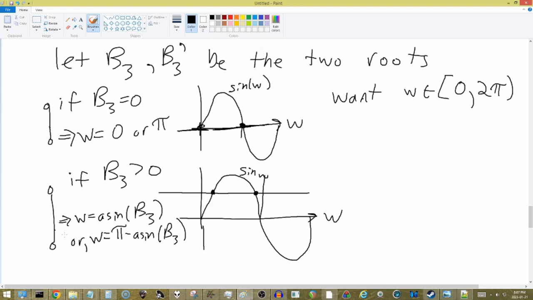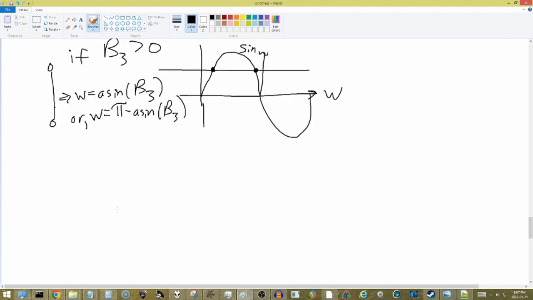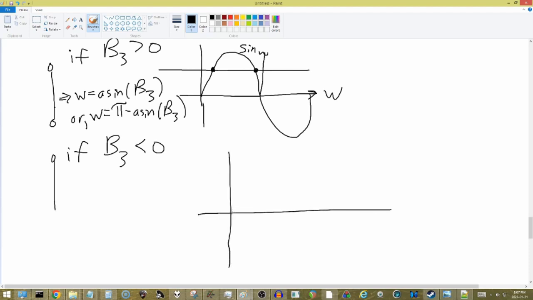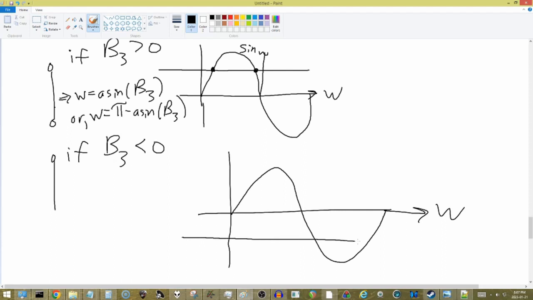So that's that case. And then our last case is when b3 is negative. So if b3 is less than 0, then we're going to plot our graph here. So there's the w-axis. So if b3 is somewhere negative here, these are the two points we want. So basically, if we think about the arcsine function, it actually just goes from here all the way down to here.